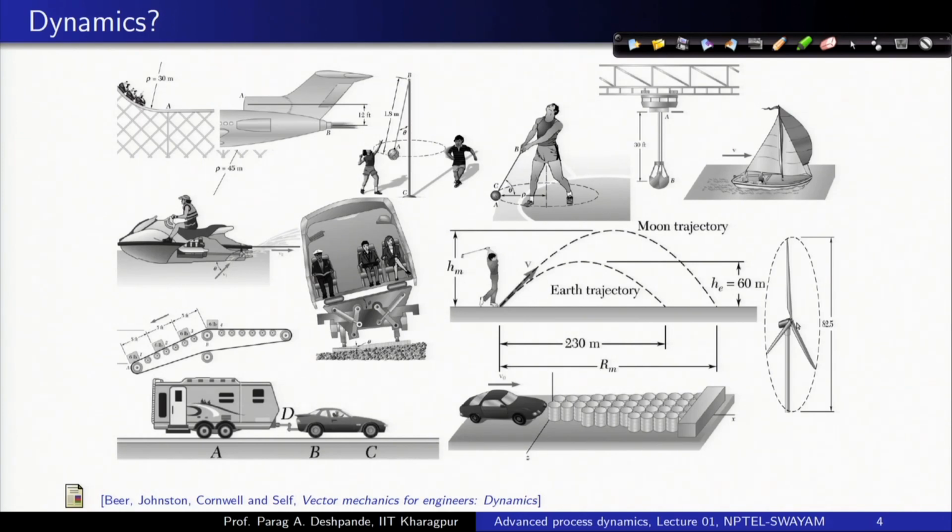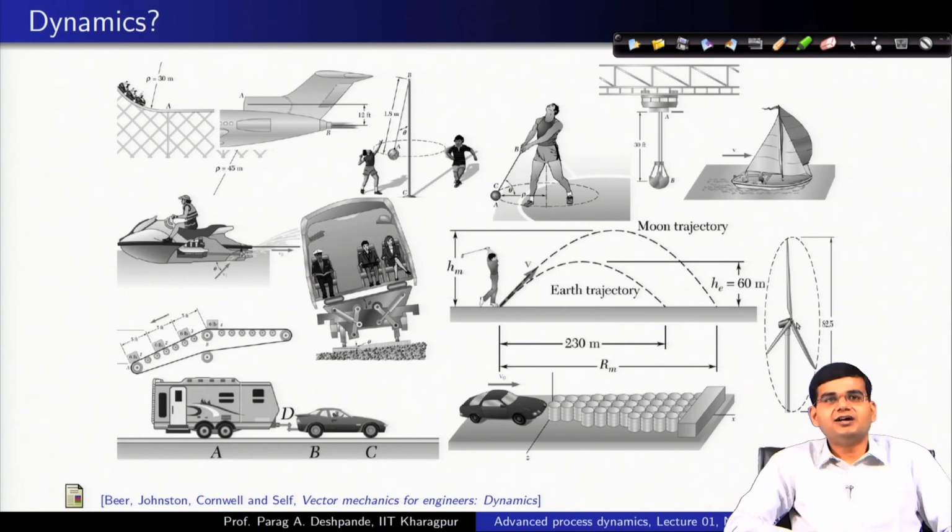In fact, I made this collage to remind yourselves of various problems or type of problems that you must have solved using one famous book by Beer and Johnston. And what do we actually understand by dynamics when we refer to the word dynamics in say pure physics or also engineering mechanics?